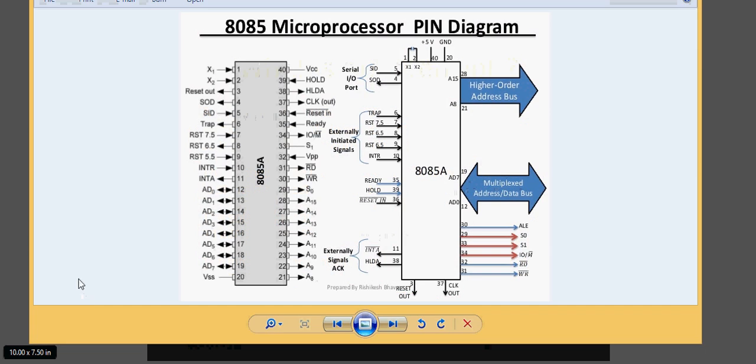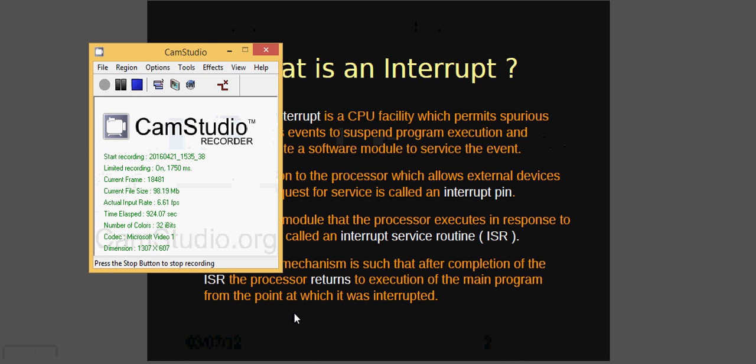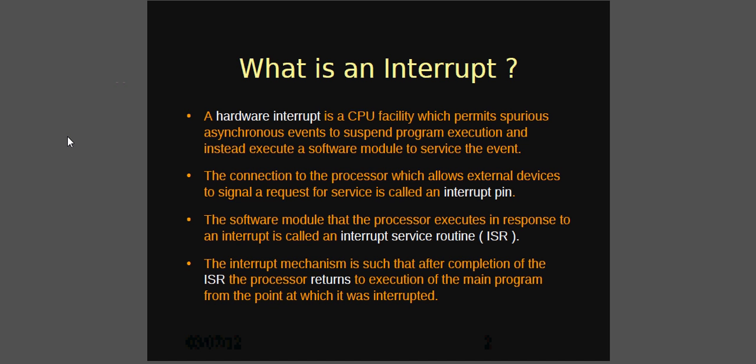I'm not sure whether you guys can see it or not, but if you cannot, you can download the schematic of the 8085, and you can see there are a few pins assigned as the interrupt pins. That is what is being referred to here.